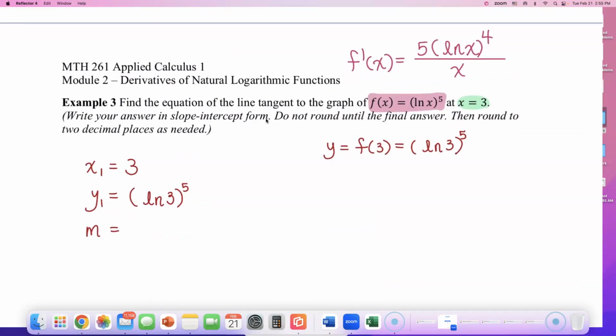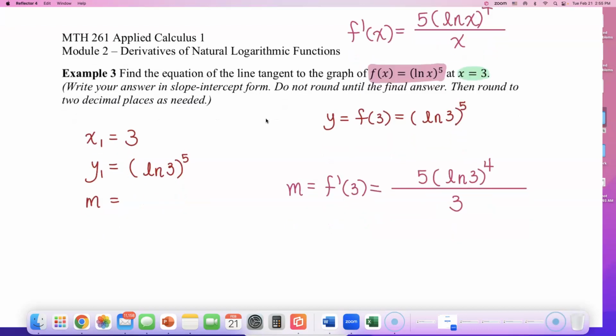So slope, m is equal to what we get when we plug in that given x value into the derivative function. So that's going to be 5 times natural log of 3 raised to the 4th power all over the x value of 3. So that's the slope. I'm sorry, it's not as pretty, but that's what it is. So we'll just write the equation using it.